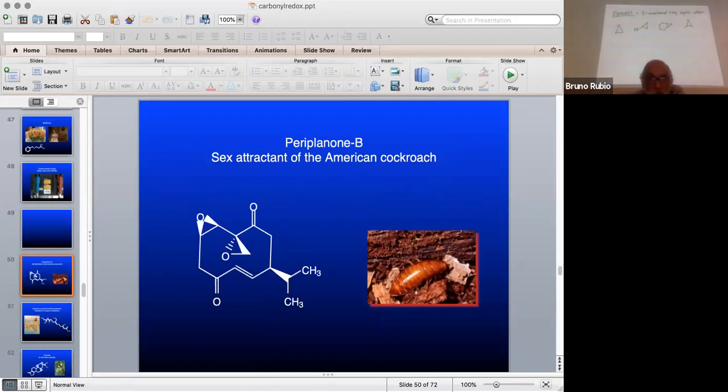And so millions and millions of dollars were spent to figure out what the sex attractant of the cockroach is. And so up here in the upper left-hand corner, we see a three-membered ring cyclic ether. Down here, dangling in the middle of the molecule in this rather unrealistic picture, we see a second three-membered ring cyclic ether. So the sex attractant of the cockroach has these two epoxides. Millions and millions of dollars went into figuring out what this molecule is for practical reasons.